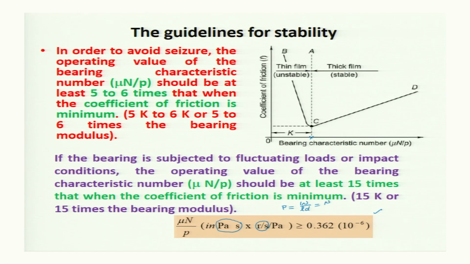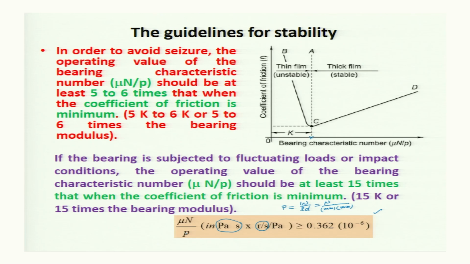W is in Newton and L and D both are in mm or meter and meter. So, if it is meter and meter, the unit of P will be Newton per meter square, and that will be the Pascal.